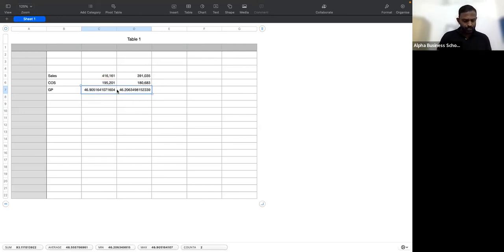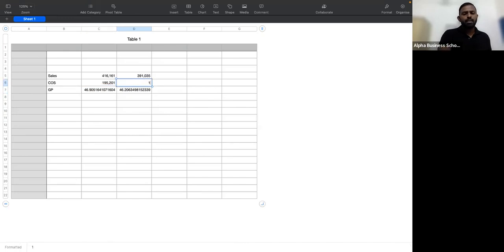This year also it is 46%. It's so good for me. There's nothing for me to do as additional audit on this. It looks okay for me in my analytical review.